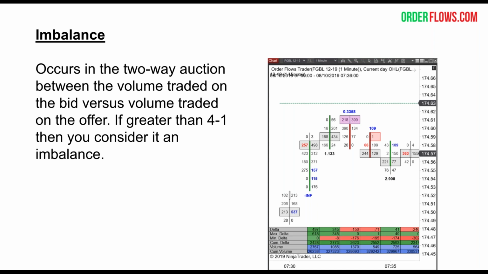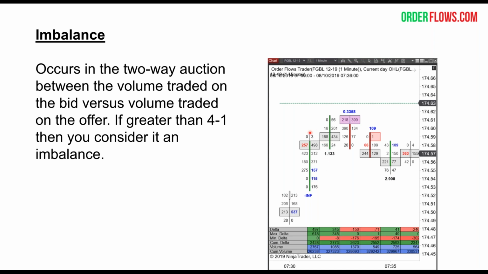For example, here on this chart, at 174.53, it traded 0. At 174.54, it traded 115 contracts, the two-way auction. So 0 against 115, obviously it's greater than 4-to-1. That's why the number is blue. You have a buying imbalance.